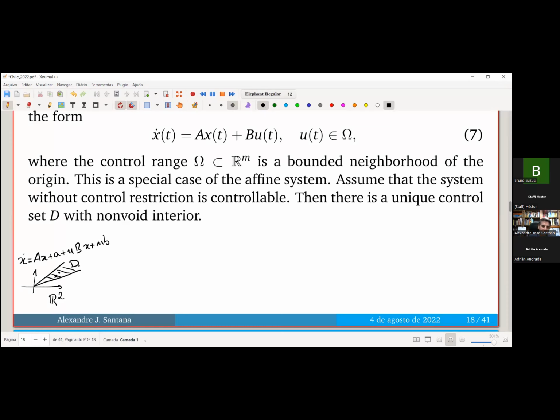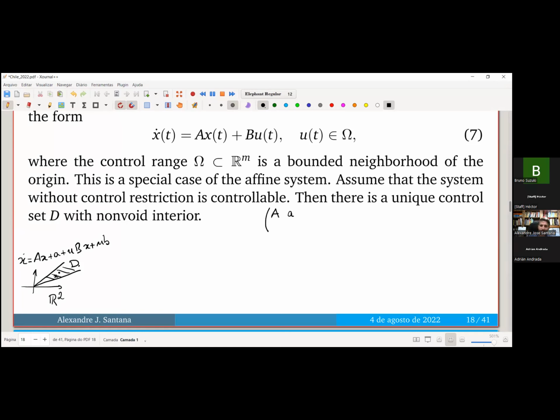Then suppose that the control set here is unbounded. Then we can lift this system in the following way. Take the matrix A here, for example a 2 times 2 matrix, and take here the vector a.